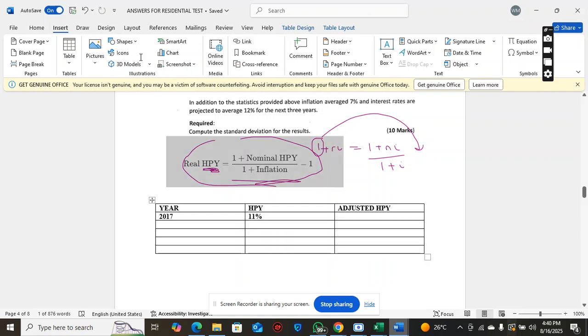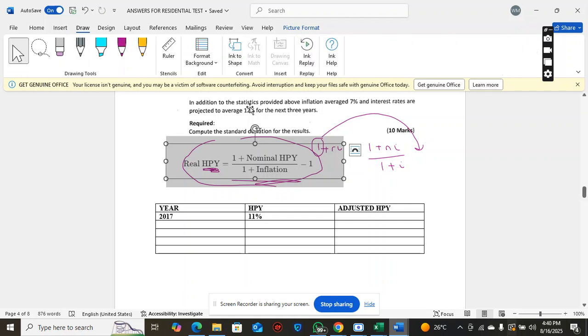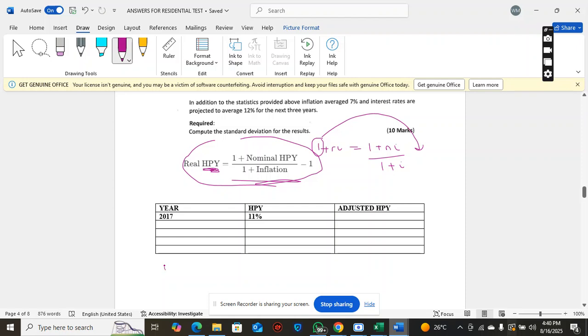So you're going to say 1 plus 0.11 divided by 1 plus the inflation rate 0.07, minus 1. So let's get our calculators.